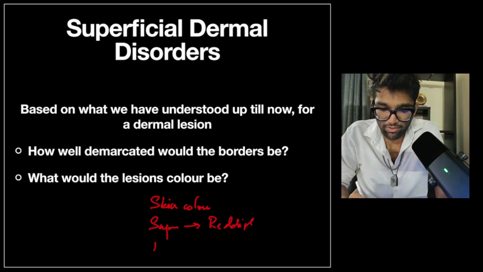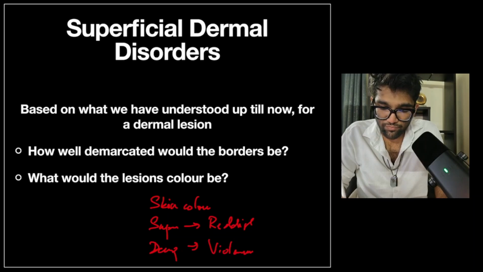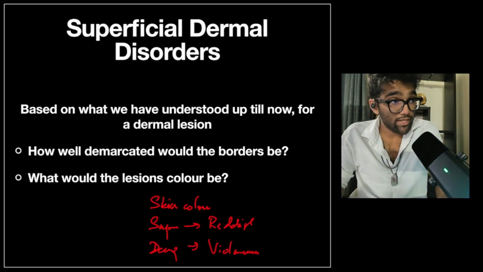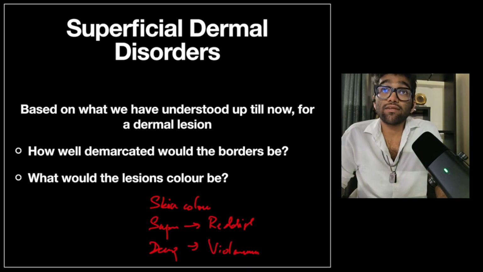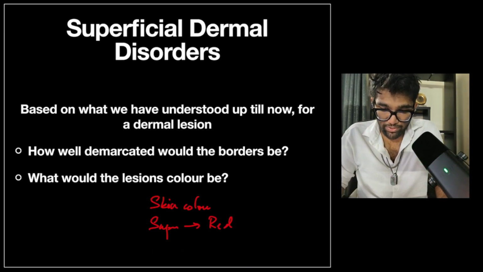Okay, and the deeper the lesion is, the more the Rayleigh scattering because it has to pass through more skin while coming out. So the more violaceous it will become as the red components of the light that is getting reflected off the lesion get filtered out. Okay, so this is clear.